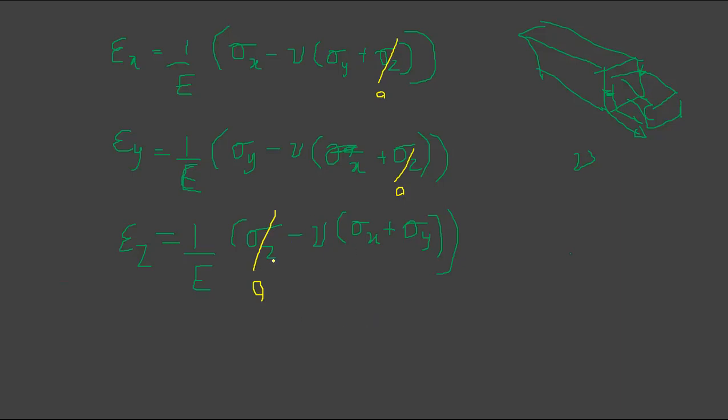Let's say your sigma z is 0, but have a look at that epsilon z. Even if your stress in the z direction is 0, your strain in the z direction is not 0, right? This is very critical. Plane strain is another topic, right? That's different. We are working under plane stress.